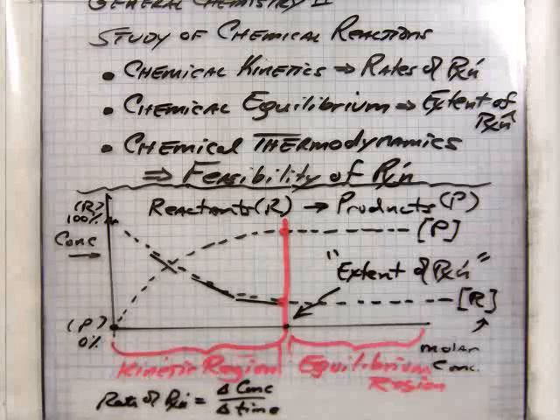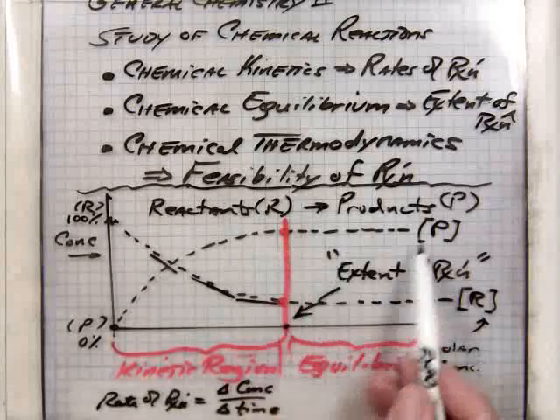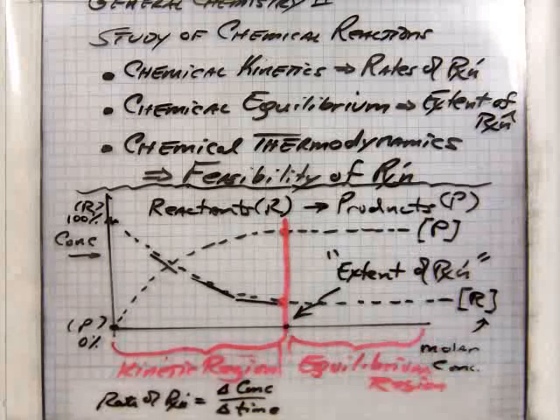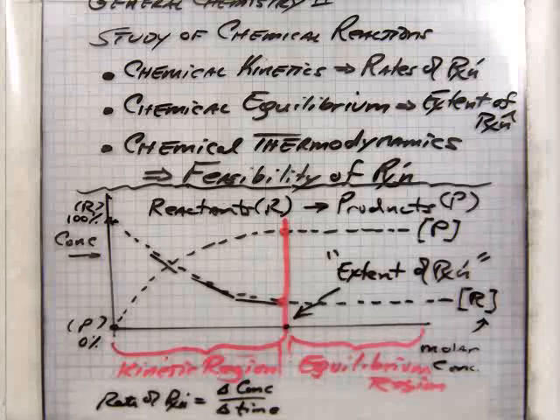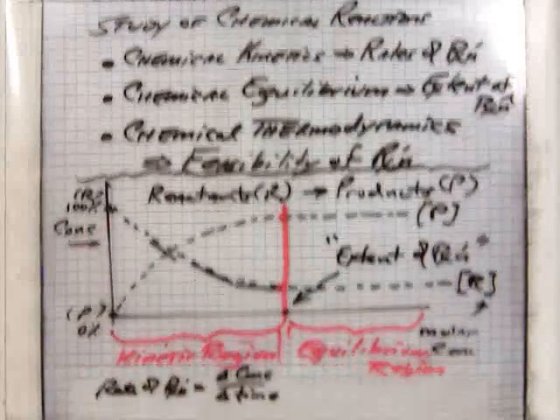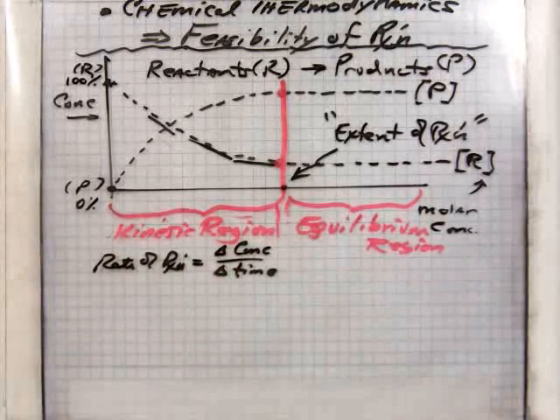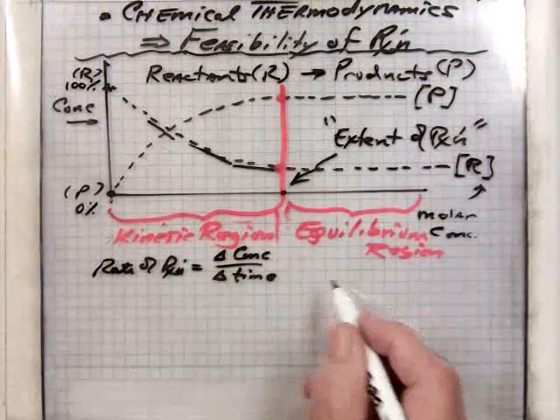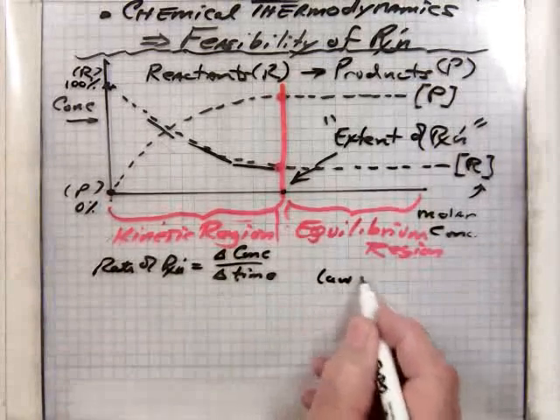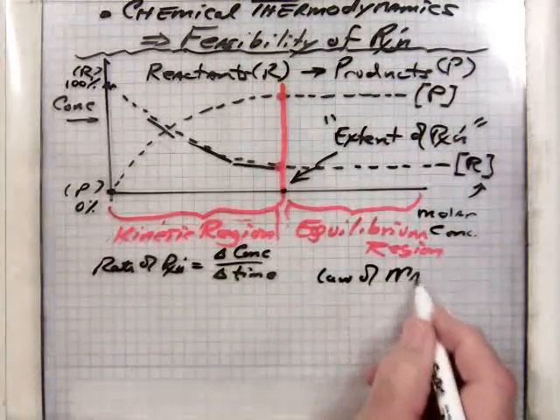That's where you see visibly the slope of the concentration curves become zero or do not appear to change any longer. What it's telling you also is that the rate of reaction going forward is the same as the rate in reverse. Now, it's called a dynamic equilibrium, and that's the law of mass action.